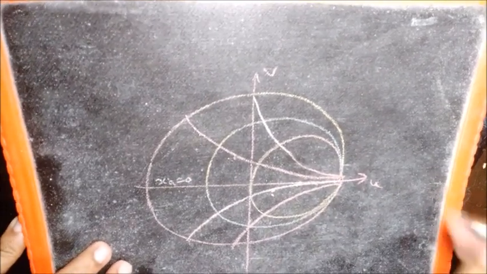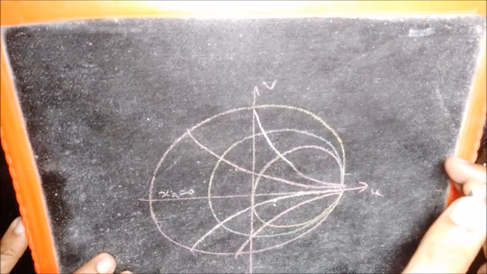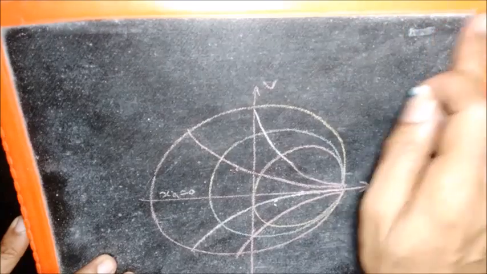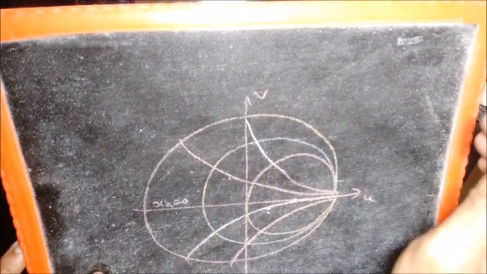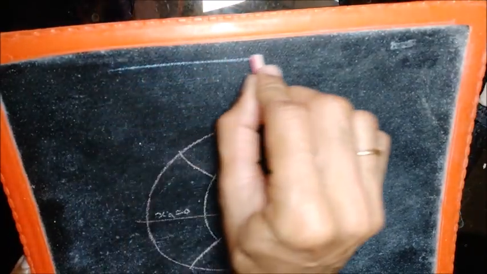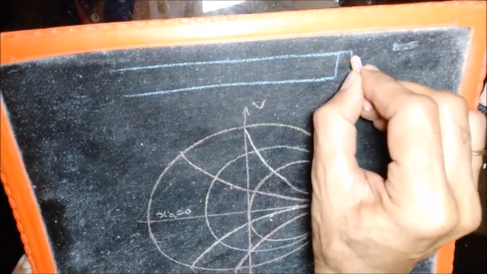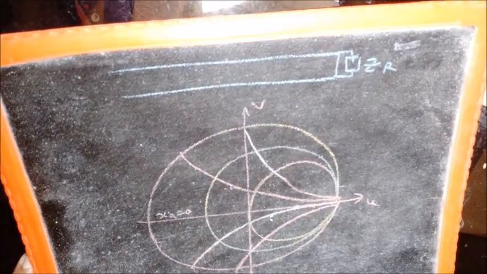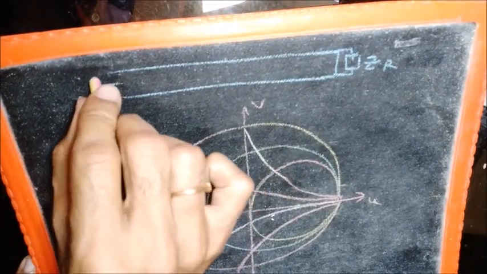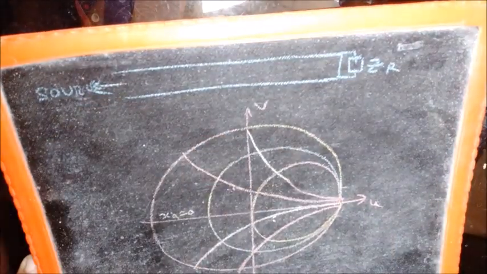Now let us discuss the first observation. Before we make a statement and then discuss it, just try to understand what is that observation that we have to make. So let's say that we have a transmission line with a load ZR, and of course, on this side you have the source or generator.